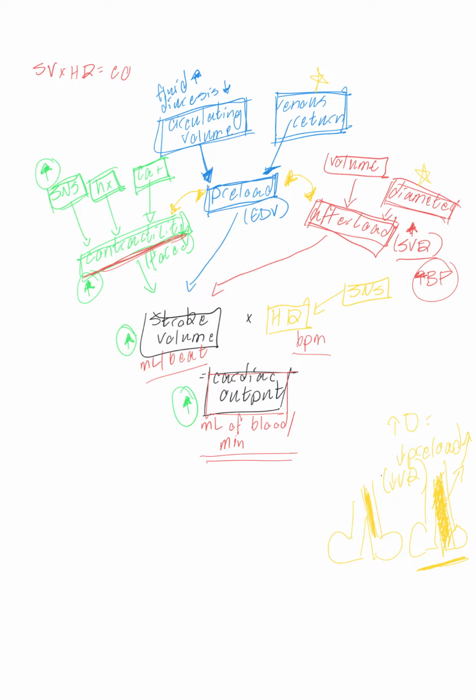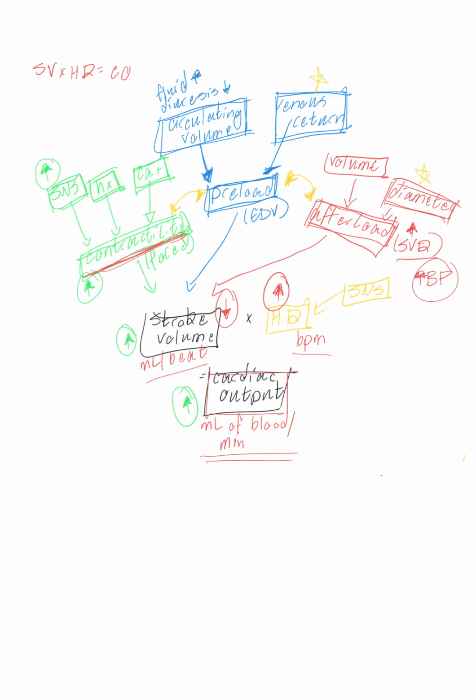Like I've been mentioning, there's another relationship in this, and it's between stroke volume and heart rate. When you have a decreased stroke volume for whatever reason, you are supposed to get an increased heart rate.